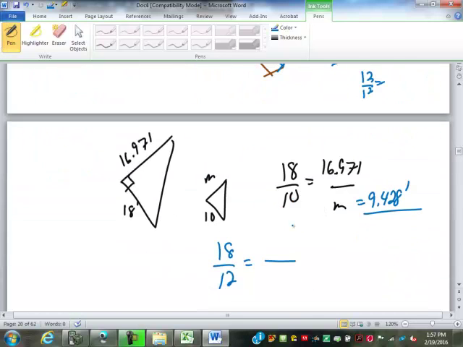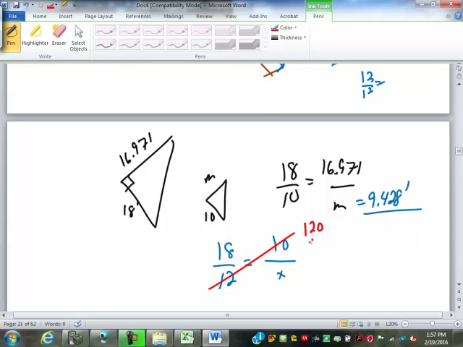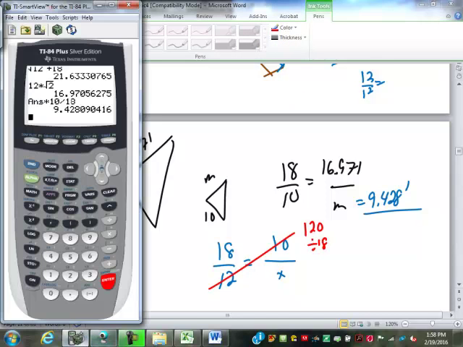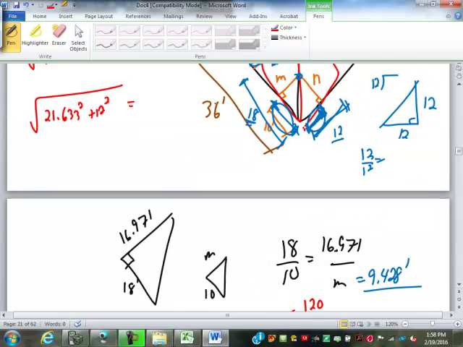It's 10 over our missing piece of X. So 12 times 10 is 120 divided by 18 is 6.667. That is this distance here.